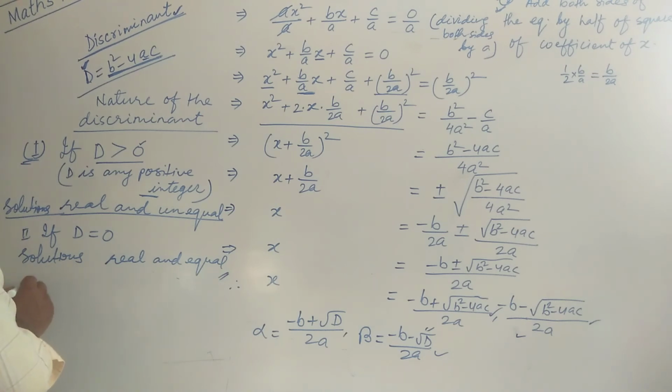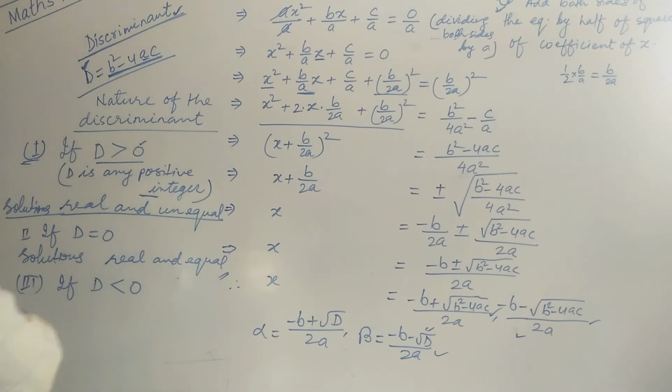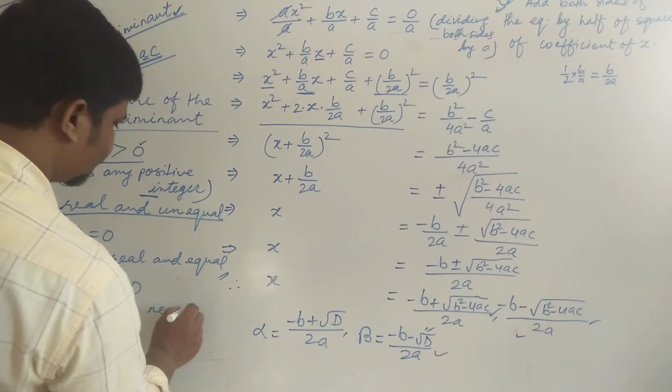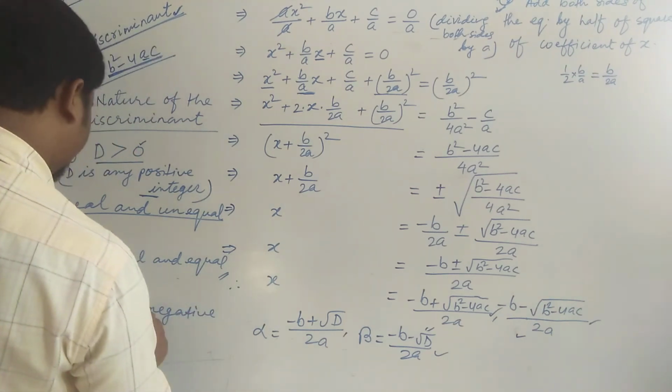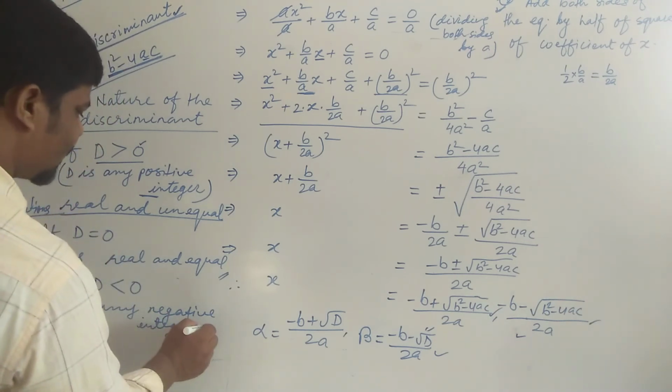Third nature is, what is the third nature? If D is less than 0, meaning in this situation D is any negative integer.